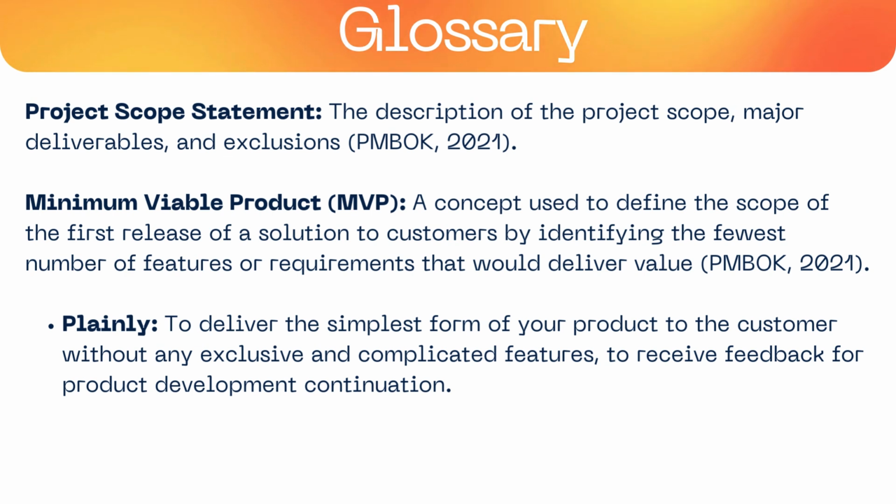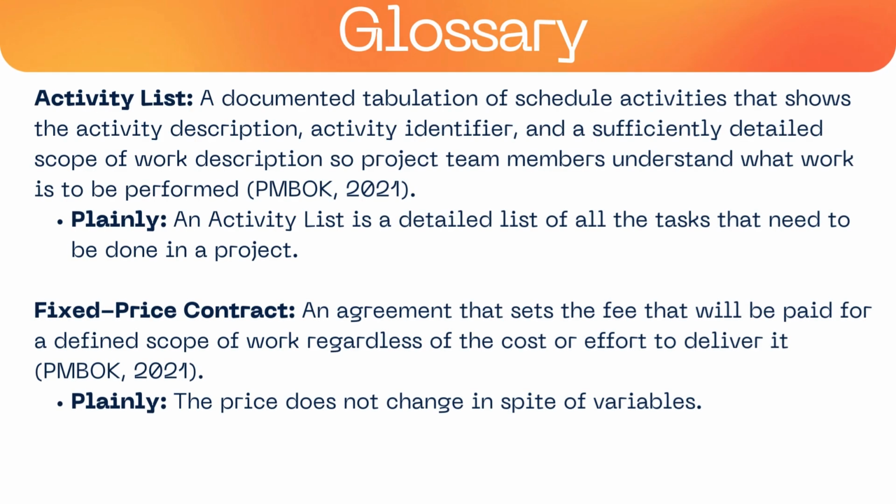So you're saying, this is my product in its simplest form. This is what I'm trying to put together. Let's see what the customers think about it. And from that point forward, we can continue to develop features of this product. And it can be the same with services. This is the simplest service that we are able to commit to deliver. And after we receive feedback, we can then build on our service.